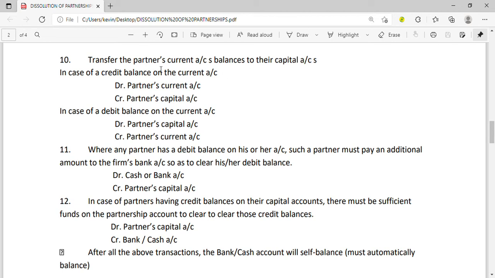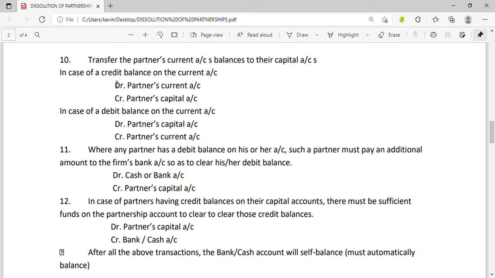So when we transfer the partners' current account balances to their capital accounts, a credit balance on the current account means that the credit side is greater than the debit side.